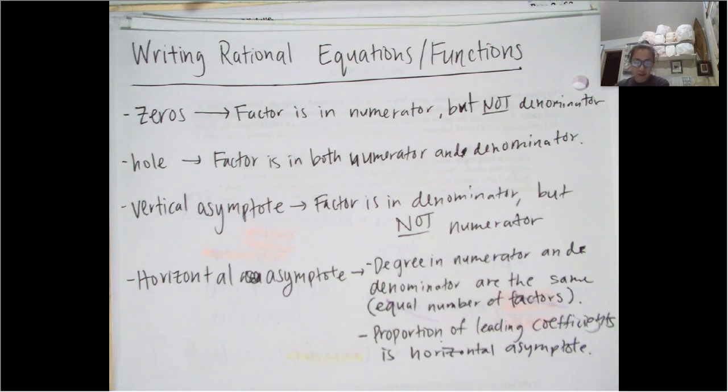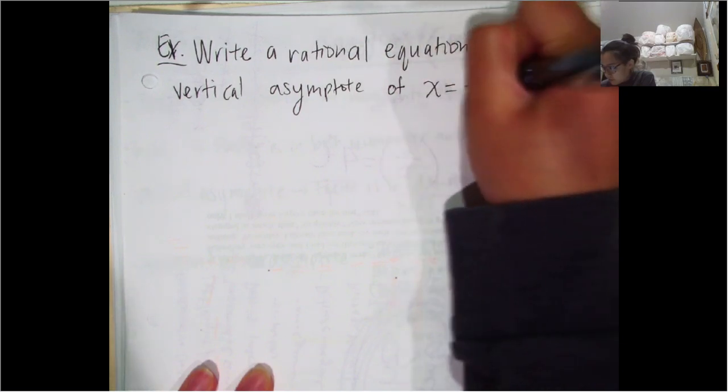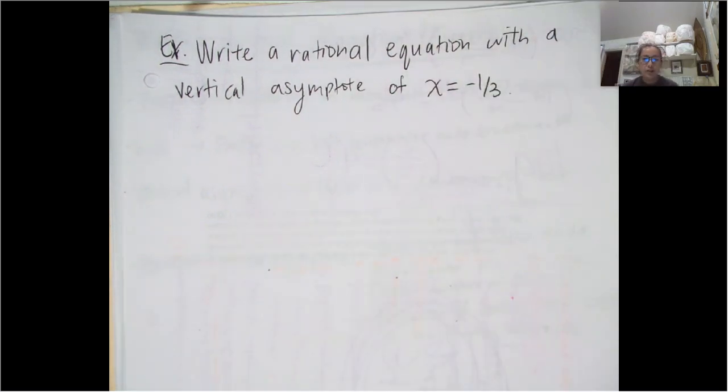Okay, so my first example is going to be: write a rational equation with a vertical asymptote of x equals negative 1/3.